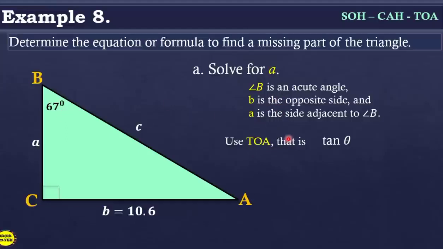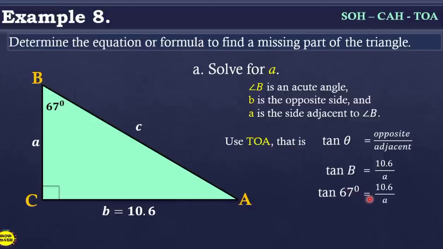And that is tangent theta is equal to opposite over adjacent. That is, what is your theta? That is angle B. Okay? And then opposite 10.6, and then adjacent, that is A. So, ayun po siya. And then, what is the measure of your angle B? That is 67 degrees.